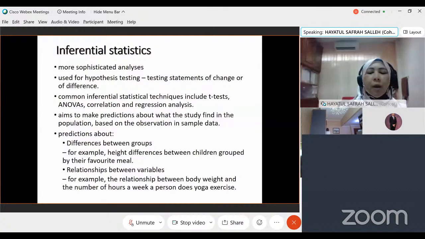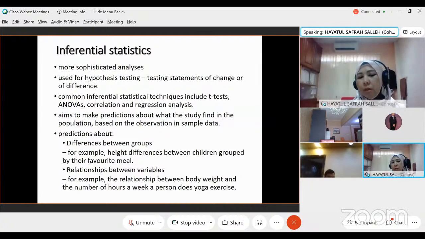So you can predict what's going to happen, and when you can predict, you can suggest. You can suggest to the marketers, policymakers, the organization, and also the government, what to do to increase the awareness among the population in Malaysia.